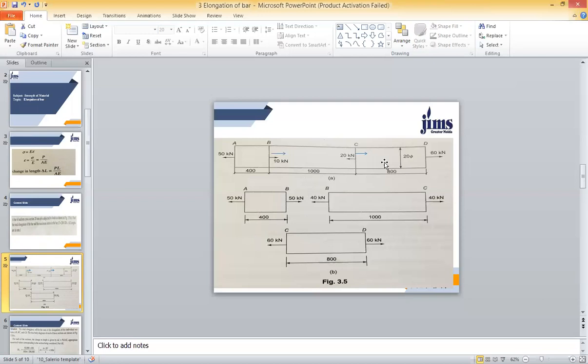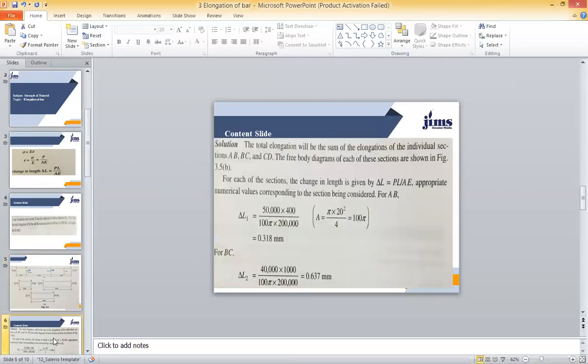Cross section is given here. The diameter of the bar is 20 mm. So pi by 4 d square, you can find out the cross section area of the AB bar. And E is given in the question. So we can calculate PL over AE, where A is pi by 4 times 20 square. So delta L1 is 0.318 mm.